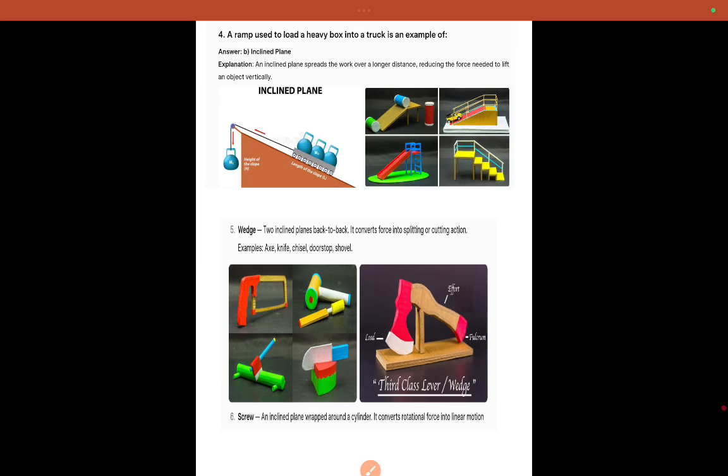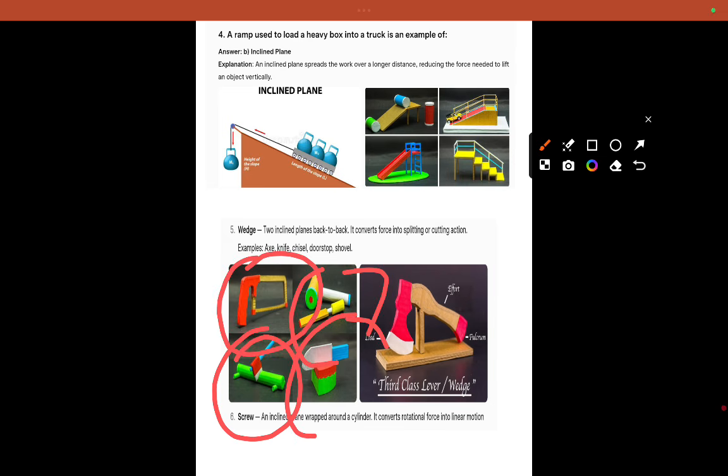Coming to the next type, the wedge is nothing but two inclined planes back to back. It converts force into splitting or cutting action. Examples: axe, knife, chisel, doorstop, shovel. These are the wedges. They make it easy to cut things in a simple way.